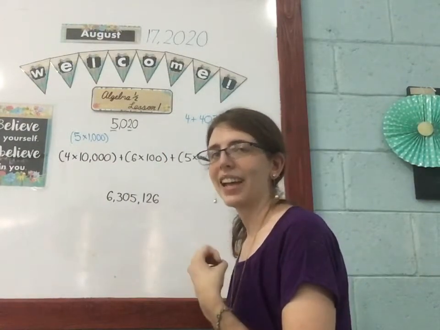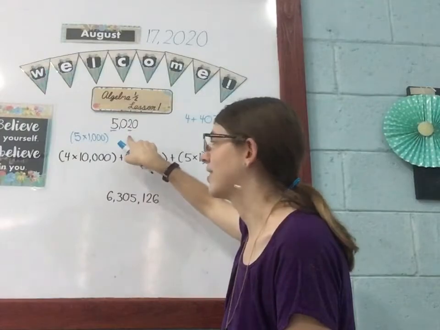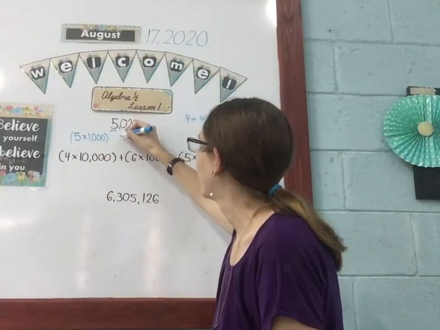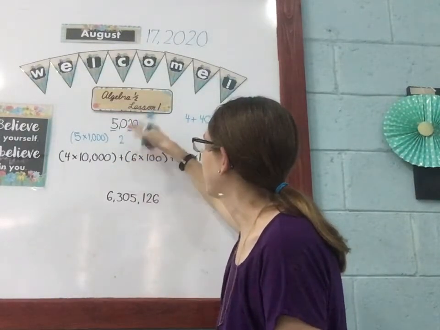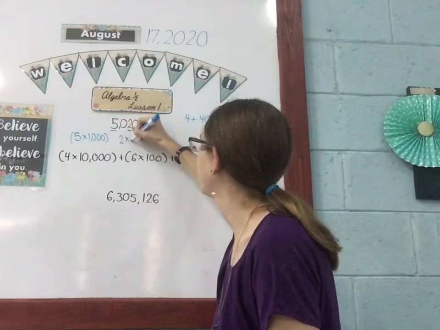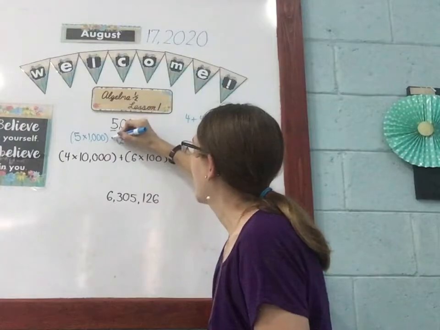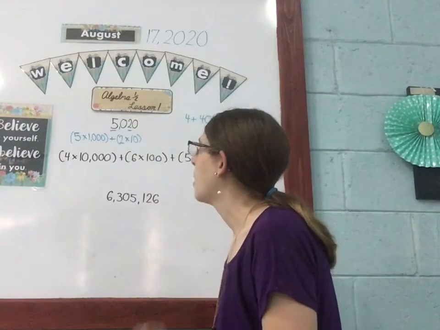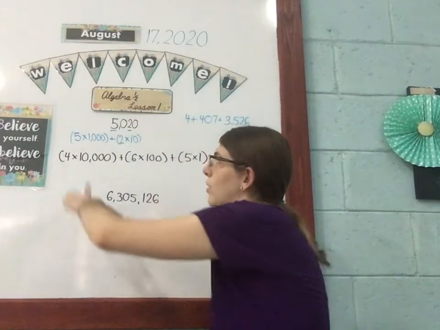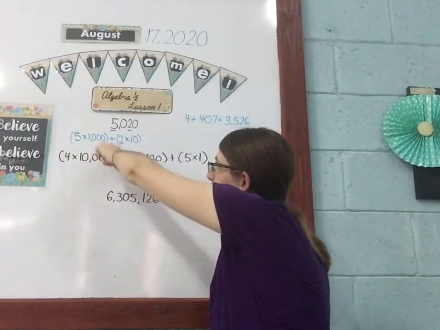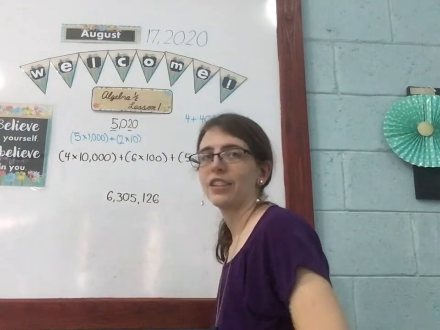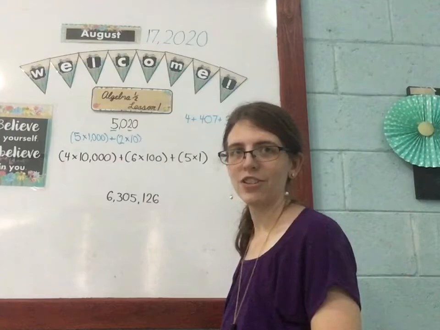Now you have the next non-zero digit, which in this case is 2. It's in the tens place. So 2 times 10. Close it in parentheses and put an addition sign between those two. So 5 times 1,000 plus 2 times 10. That's your number written in expanded notation.